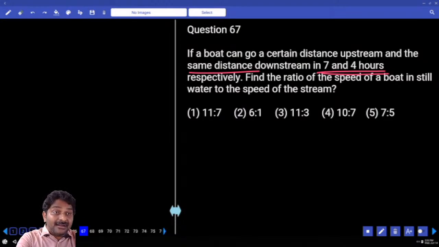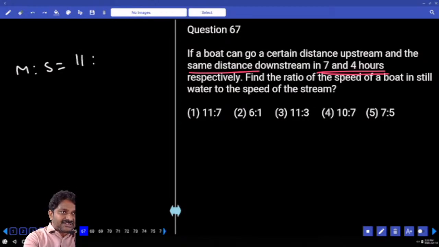For downstream to upstream it is 4:7. When the ratio of man to stream is needed, sum is equal to 11, difference is equal to 3. Final answer. Time ratio 7:4, speed ratio 4:7, sum 11, difference 3, close.